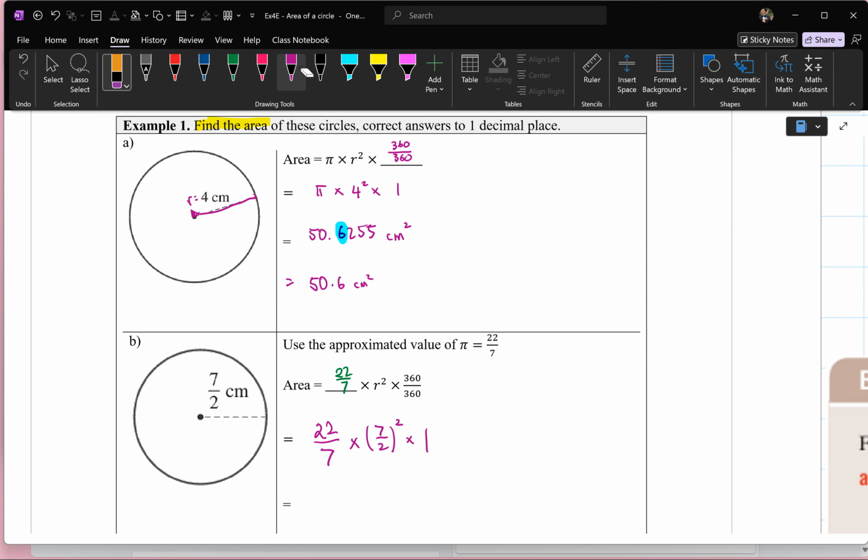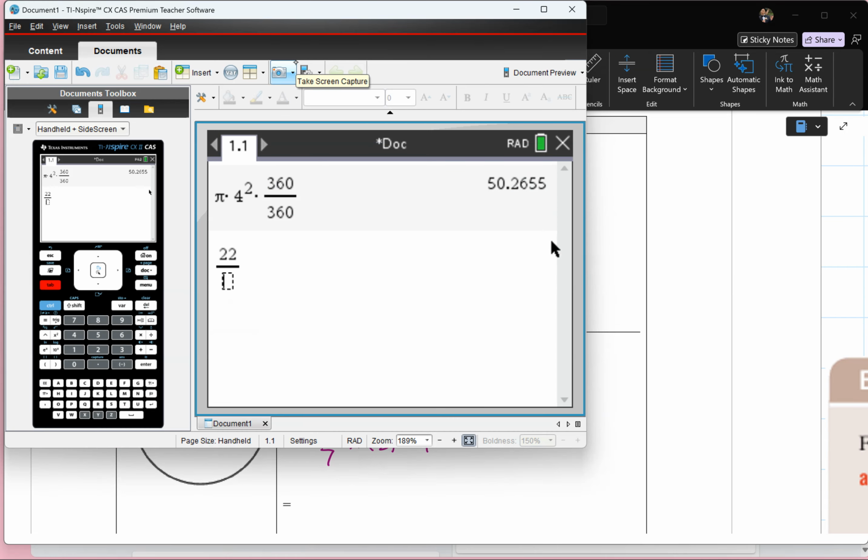So now put all that in your calculator. Let's go. Calculator says I want 22 divided by 7 times. Again, if you can't do a fraction, you can do this. Bracket 22 divided by 7 times 7 divided by 2 squared. If you don't have a square symbol on your calculator, you can actually do it by doing it again. 7 divided by 2, so that means squared. So 7 over 2 times 7 on 2 is the same thing as squaring.